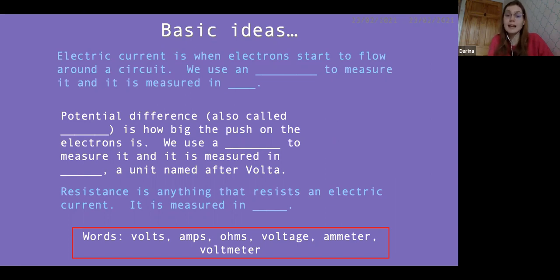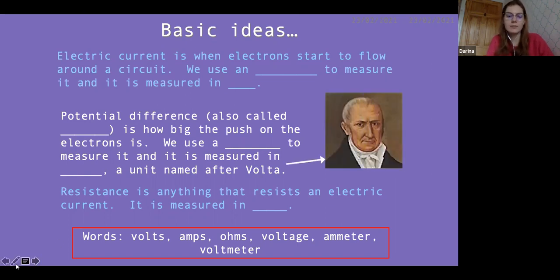Okay, let's go to the second sentence. So let's put those in. So potential difference, also called blank, is basically how big the push on the electrons is. And we use a blank to measure it, and it's measured in blank, a unit named after Volta. Can anyone have a go at this?